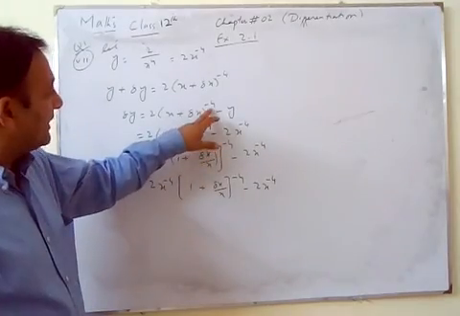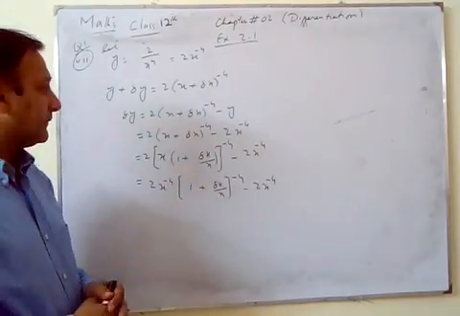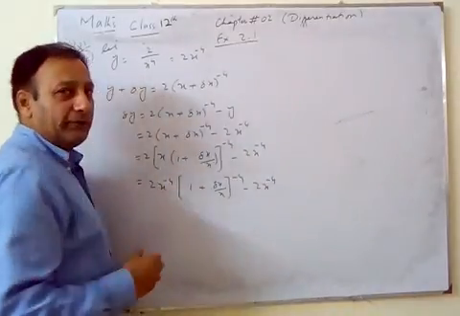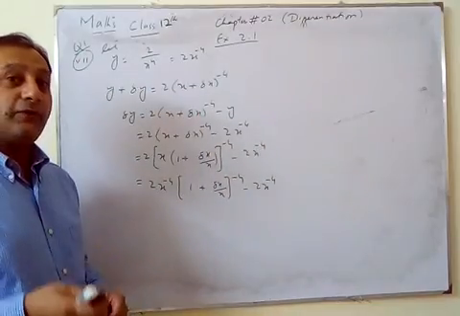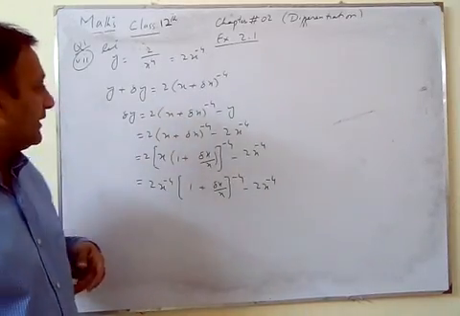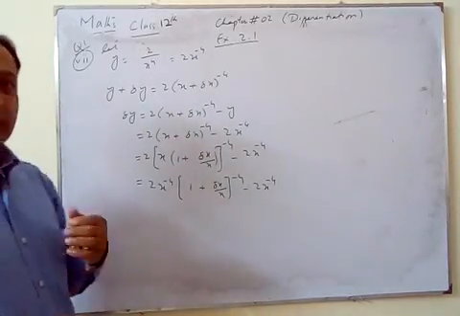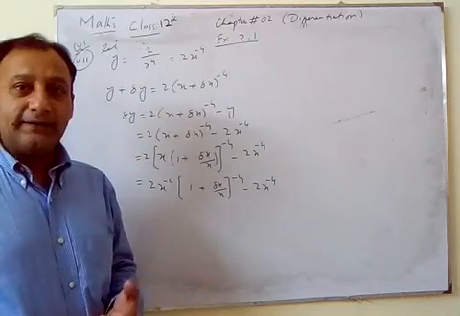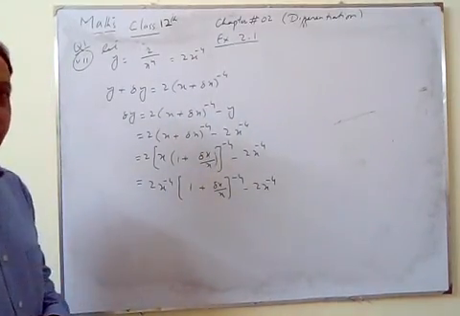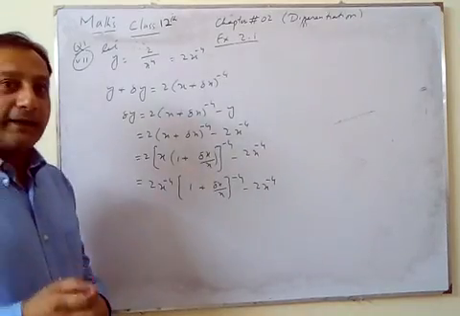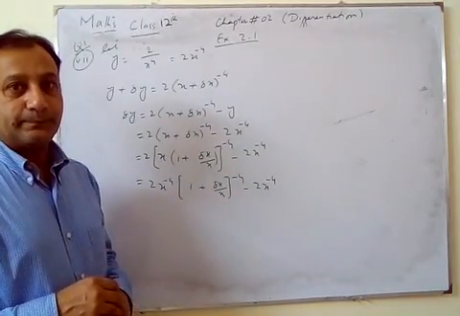Because here the power is minus 4 and we cannot open this directly because the power is negative, and you have already studied in first year that when the power is negative or fractional, we use the binomial series.